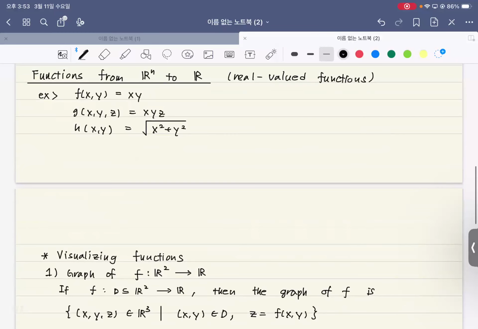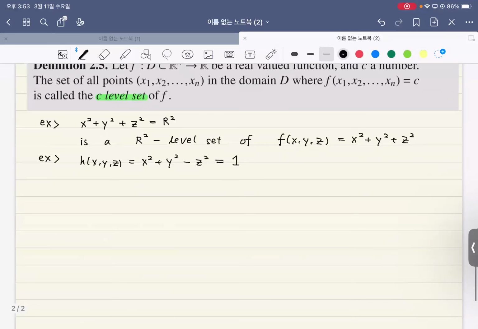So much for real-valued functions. Now I want to turn to functions from R to Rn. This is not a real-valued function anymore.